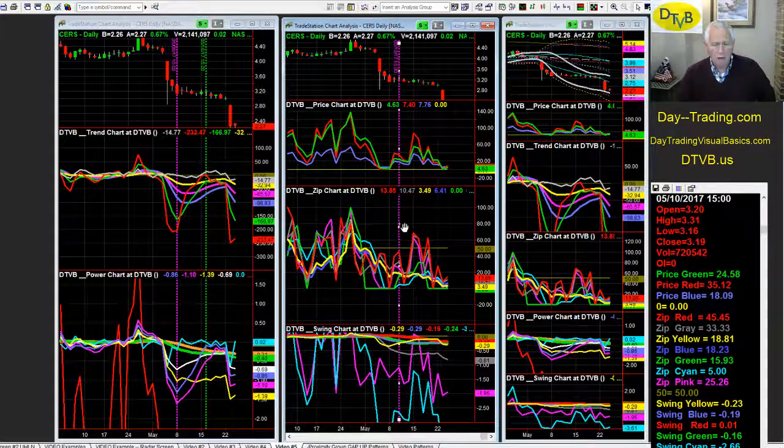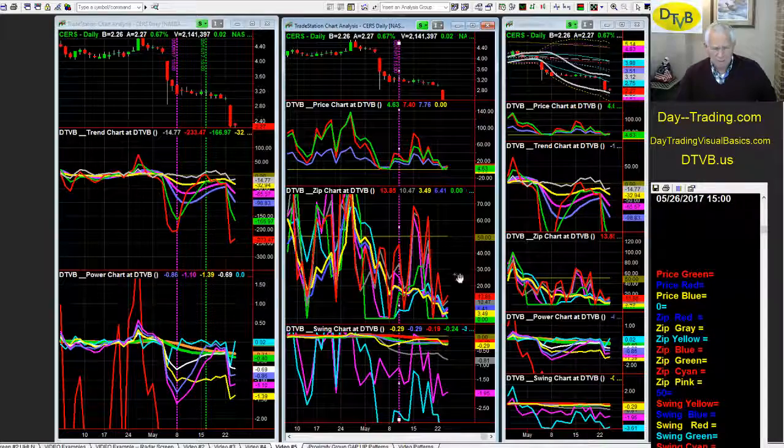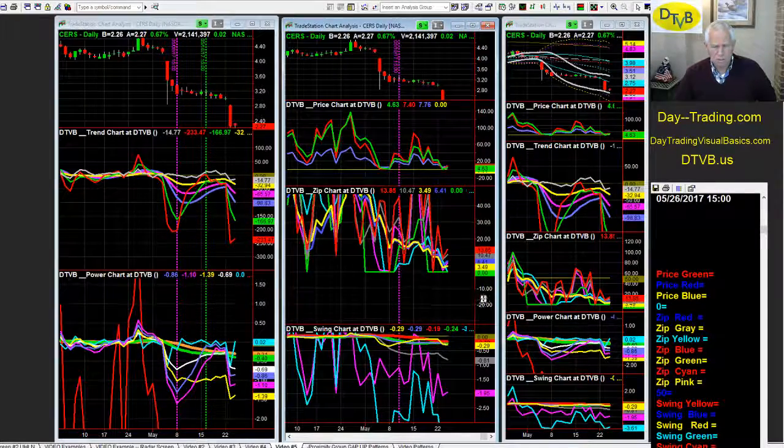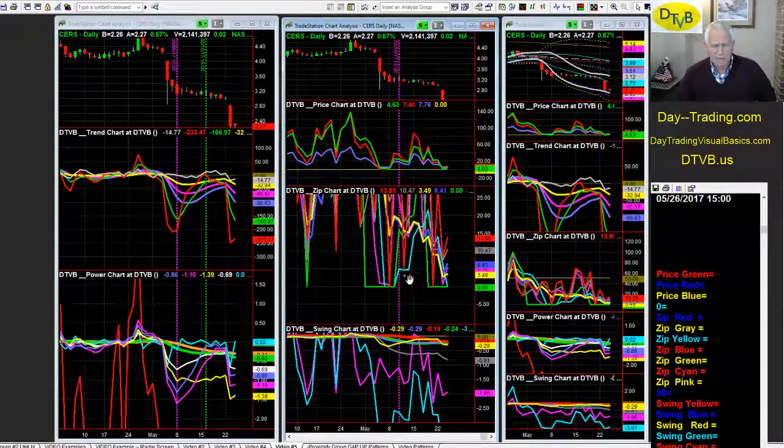Even though on today, this pink vertical line has Zip Zion lowest. And when Zip Zion is lowest, things have a tendency to go up. Now the rule, of course, is Zip Zion must be lowest and go up. If you look at this a little closer, you can see that the following day Zip Zion goes down.